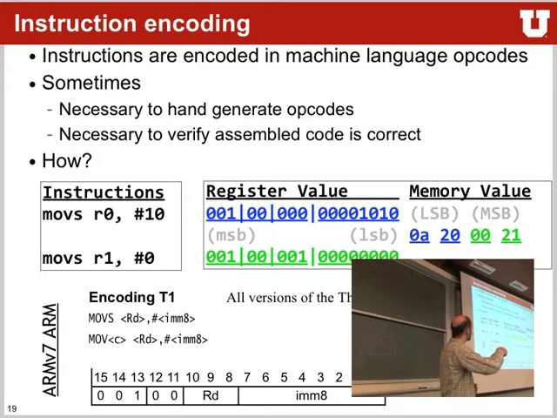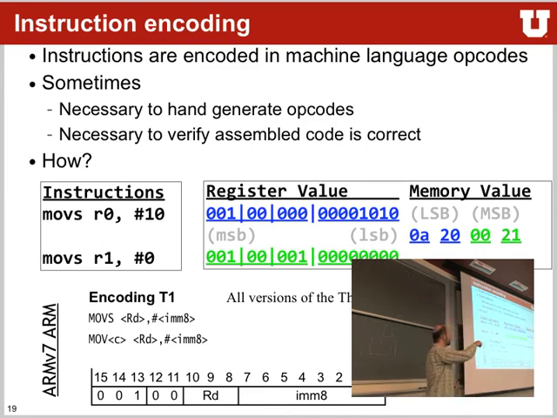So the one up here gets encoded into 0, 0, 1, 0, 0, 0, 0, 0, 0, 0, 0, 0, 1, 0, 1, 0. If you look down here, you can see exactly the beginning code. The register will be R0, so that's a 0, and then 10 is encoded as 0A in hexadecimal.